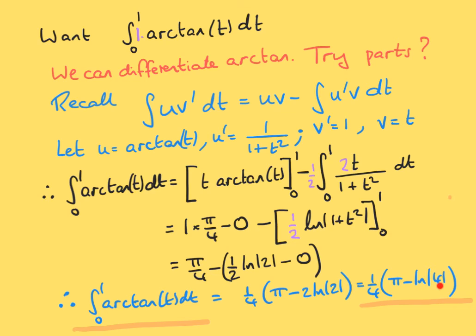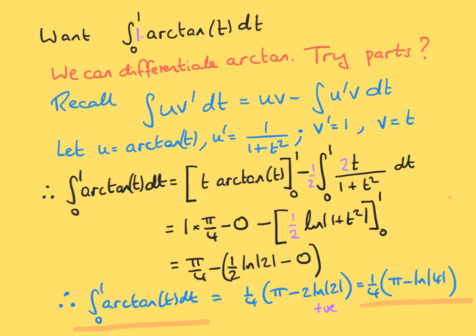So the log of a number bigger than e means it's bigger than 1. But 4 is certainly less than e squared. So the log of 4 is certainly less than 2. So this logarithm is somewhere between 1 and 2. So we've got a number a bit bigger than 3, and we're subtracting from it a number which is between 1 and 2. So this is positive.